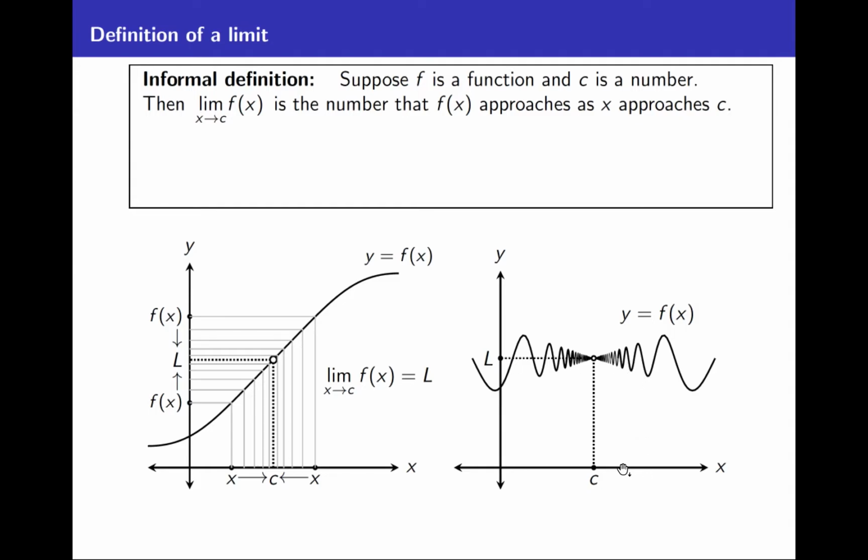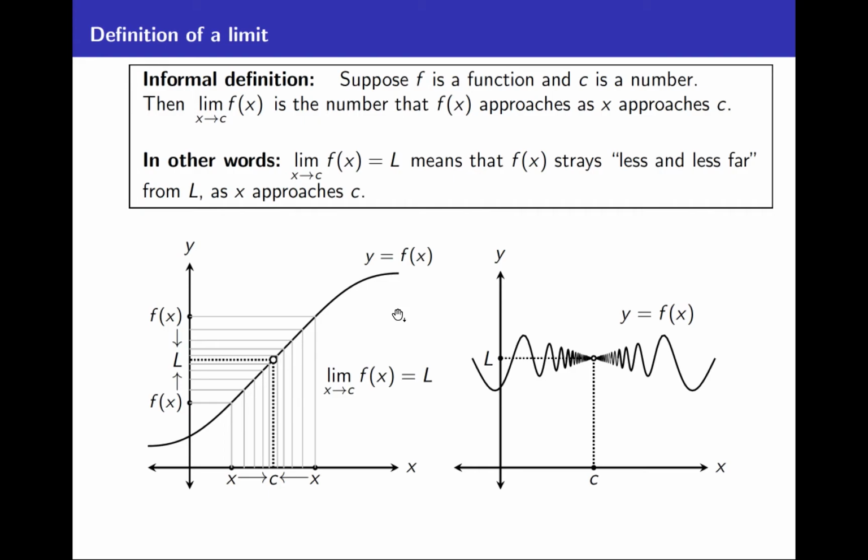And as x approaches c, the corresponding f of x value is actually getting bigger and less than L alternately, but it's zeroing in on L. So as x gets closer and closer to c, this number f of x is straying less and less from L, in a sense getting closer and closer to L. So in other words, we might say, as reflected in this picture, and also in this one, that the limit as x approaches c of f of x equals L means that f of x strays less and less far from L as x approaches c.